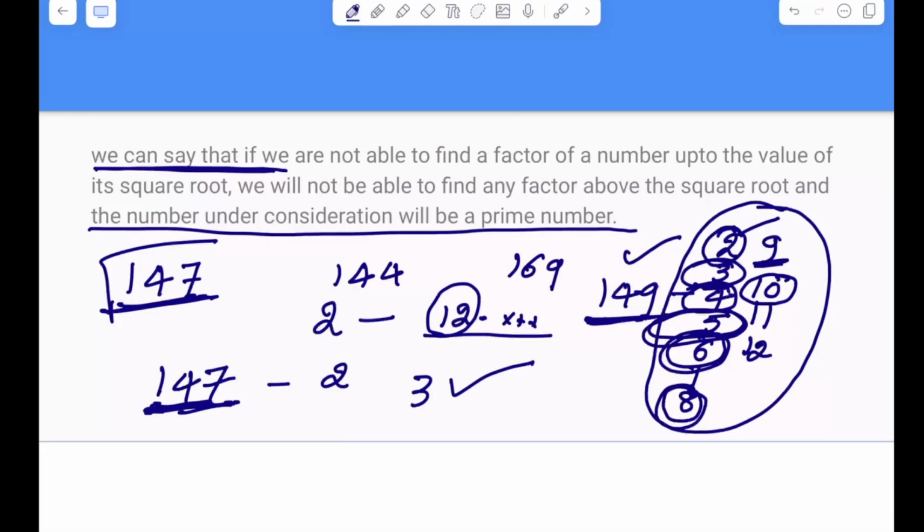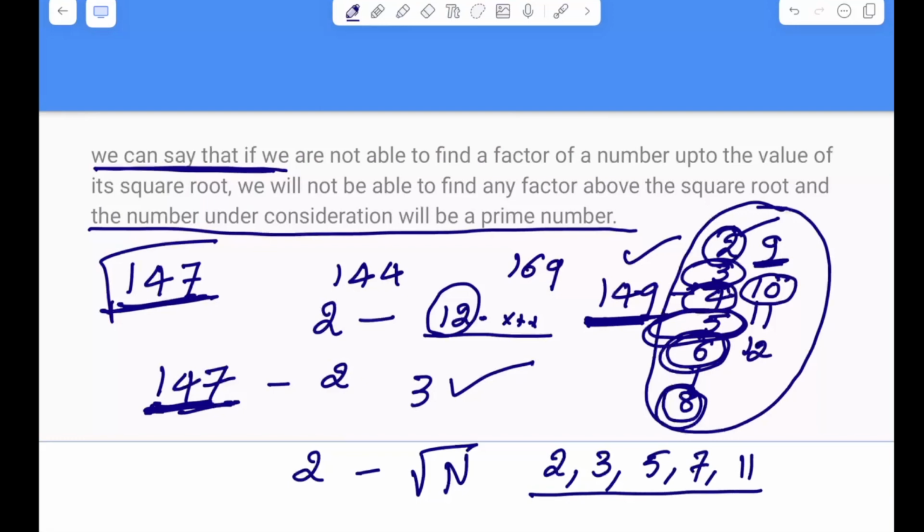So what I'm trying to say is, between 2 and the square root of n, we need not check each and every number. We can check only with the prime numbers. So to check whether 149 is a prime number or not, I have to check whether it is divisible by 2, 3, 5, 7, 11, because these are the prime numbers present below 12.